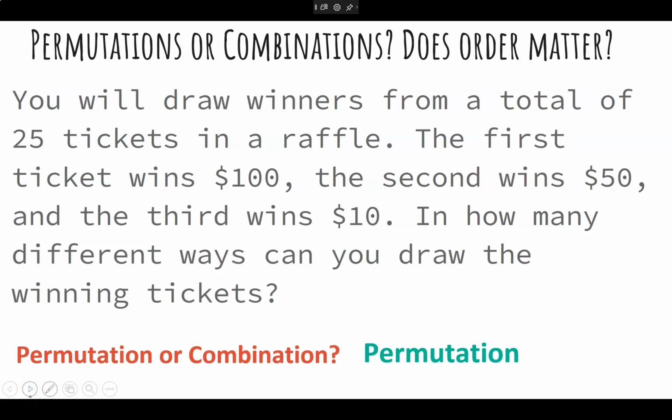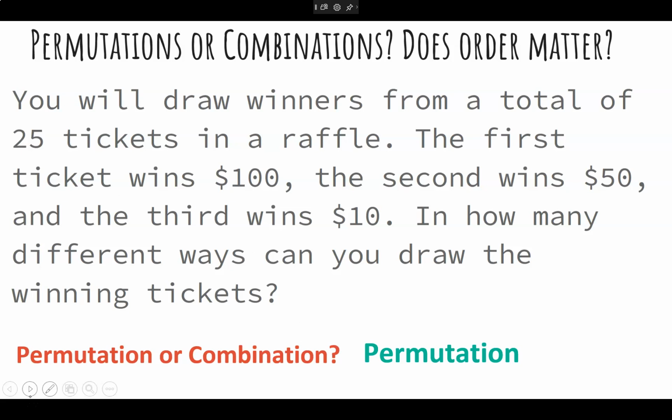Because the value goes down each time they pick the person. Absolutely. So did the order matter? Did it matter which ticket they picked first? Yes. Notice how this one had way more detail in it? This one, it mattered what ticket got picked first, second, or third, because that changed the value of the ticket. Beautiful.